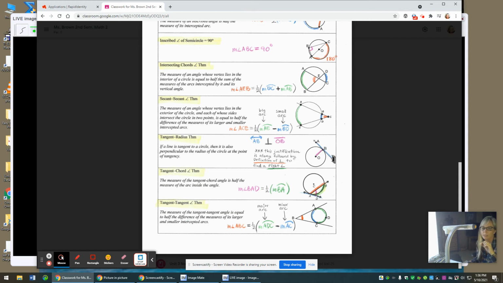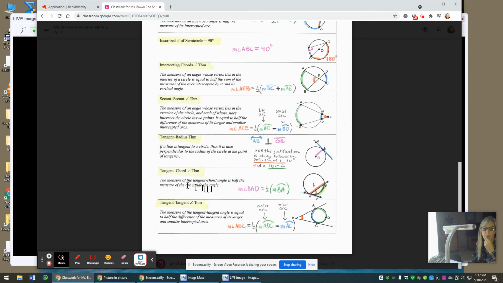That is what makes it tangent. Now, what also is true, if it touches that spot where the radius touches the circle, they are perpendicular. This symbol right here, they are perpendicular. The tangent is perpendicular to the radius if they touch at that same spot.